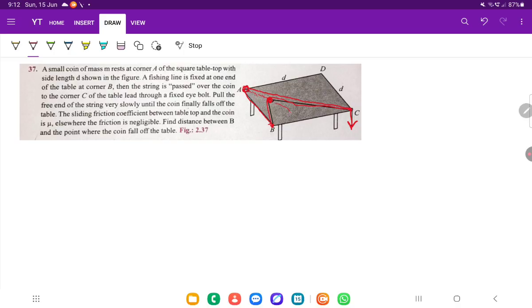So let's say somewhere here the coin will finally come, and this one will be the thread. At that instant we are pulling from corner C, and the coin will fall from this point. We are asked to find the distance from corner B at which the coin falls from the tabletop. So this is our target, to find this distance.